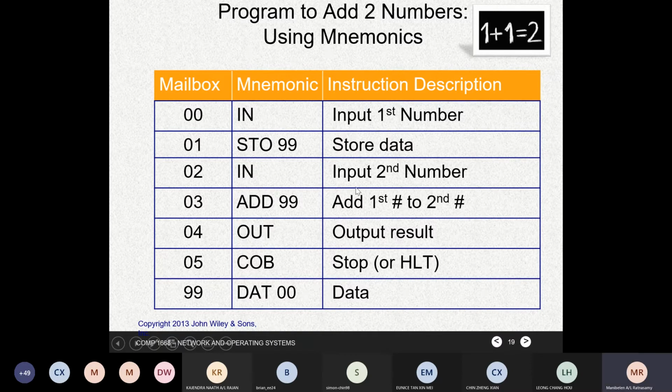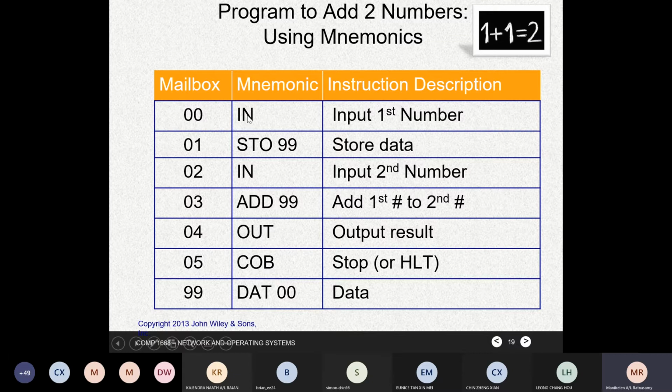In terms of the mnemonic operation, what is happening is ADD 99. So add the first number to the second number. 1 plus 1, you will get 2. Then output the result 2 at mailbox number 4. At mailbox number 5, you stop, and your data will be at 99.